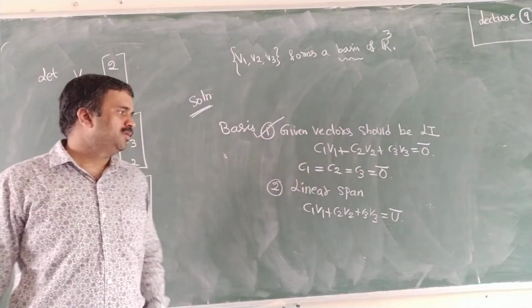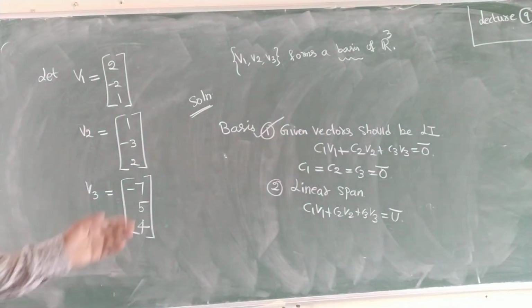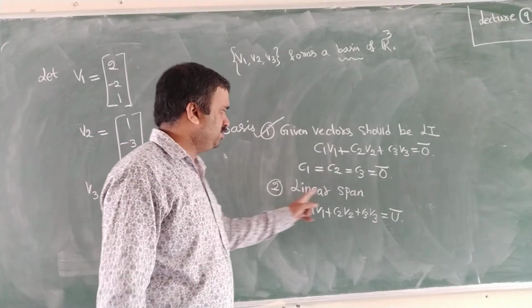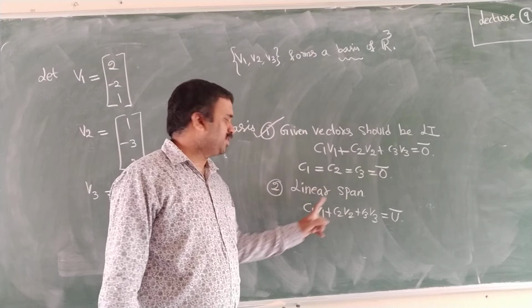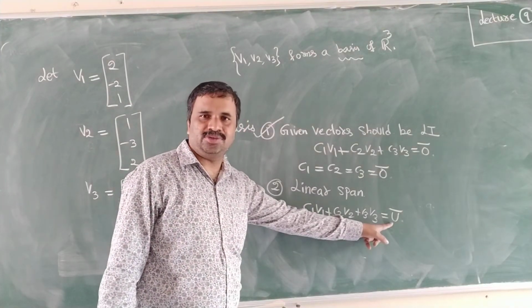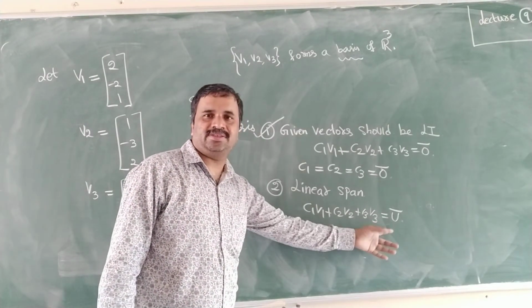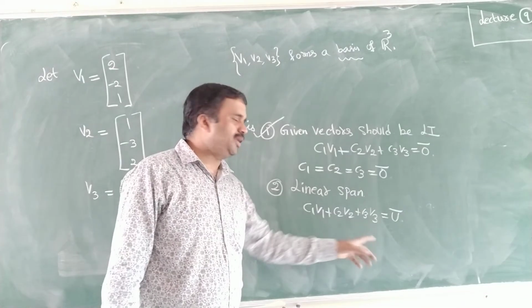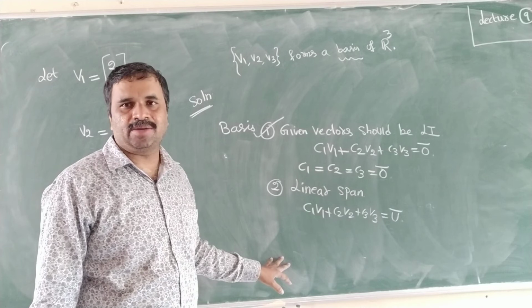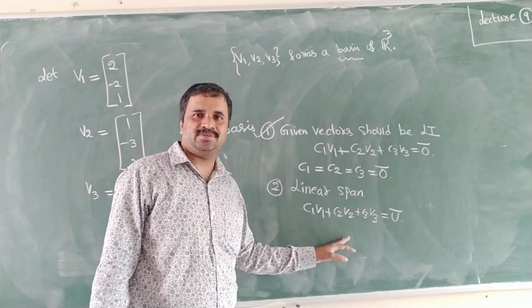If you are able to find C1, C2, C3 values as scalar multiples like this equal to u bar, then we can say the linear span. Substitute the values, consider u bar as a, b, c, and you get the augmented matrix [A | u bar]; solve it with the help of echelon form. Then find C1, C2, C3 values.